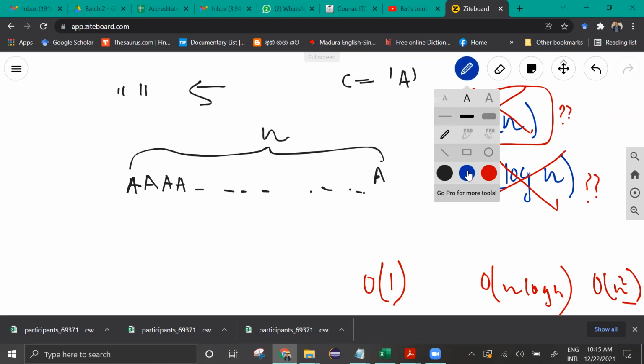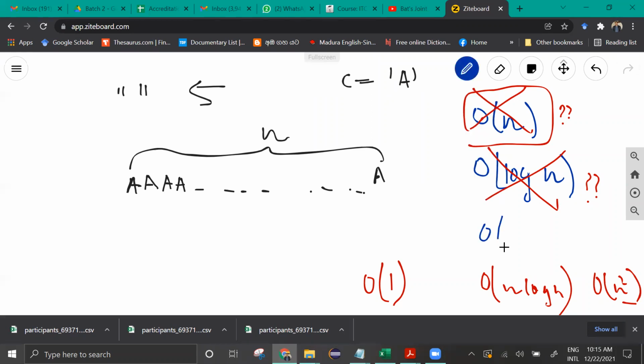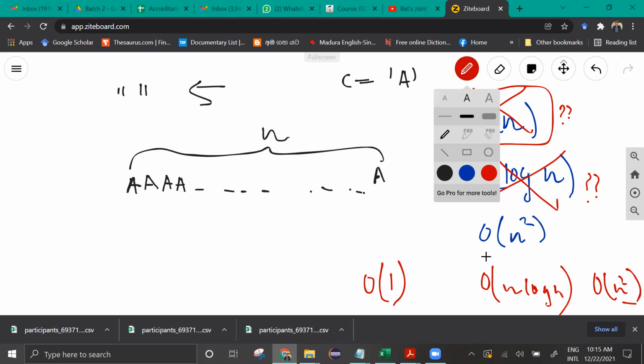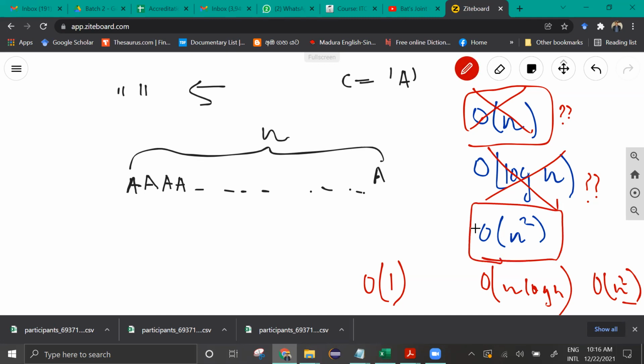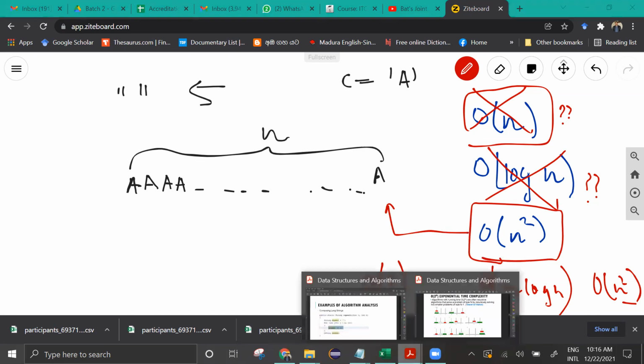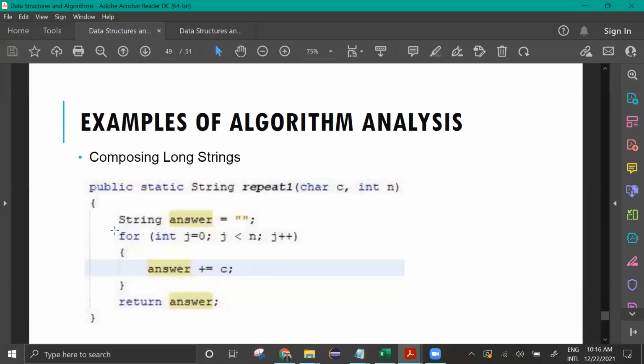So big O n squared. Yeah. So this is correct, because of the exact reason that he explained. Actually, in this case, even though it is just one array internally, we have a mysterious invisible array.